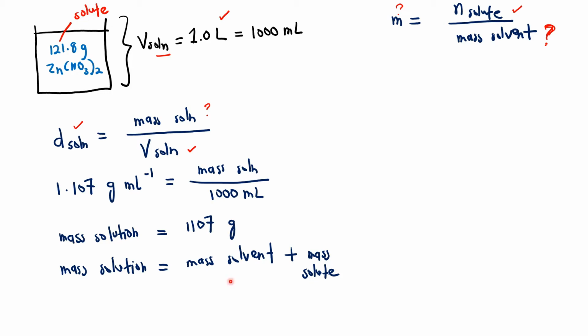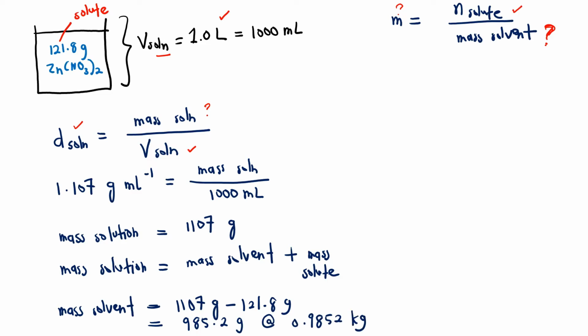So therefore, you can find the value of mass of solvent. So now you have successfully found the mass of solvent. Okay, so we can proceed with the next step.